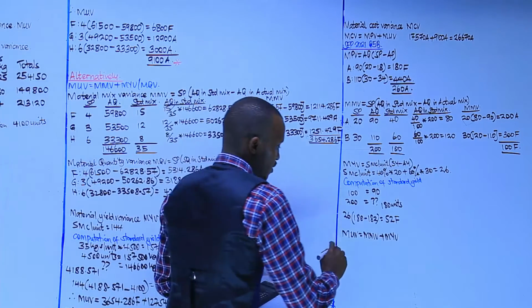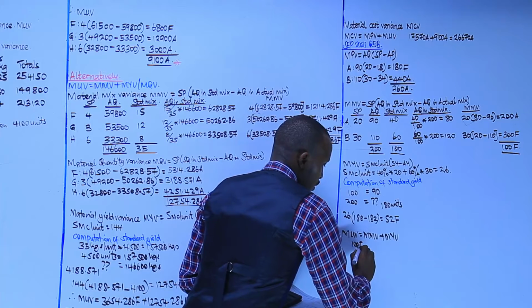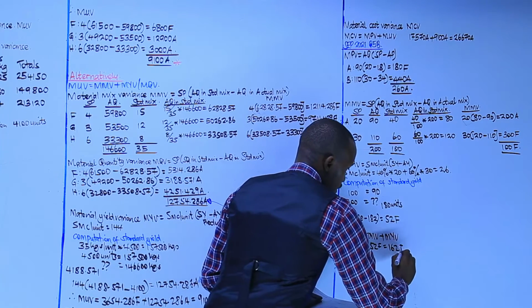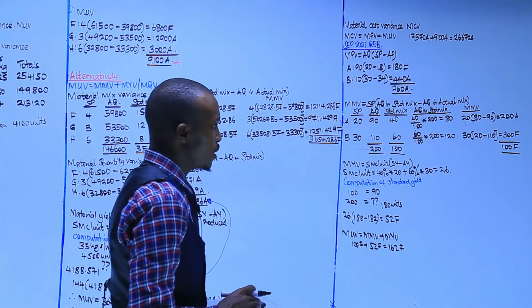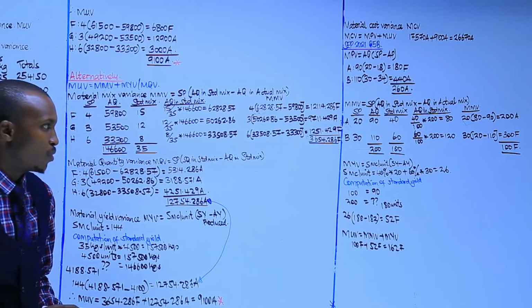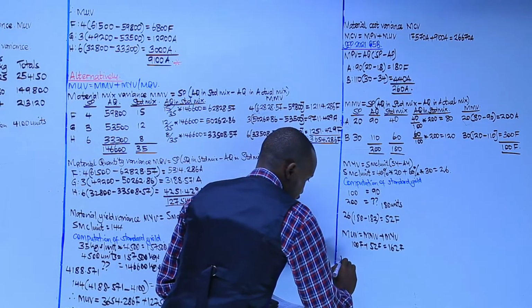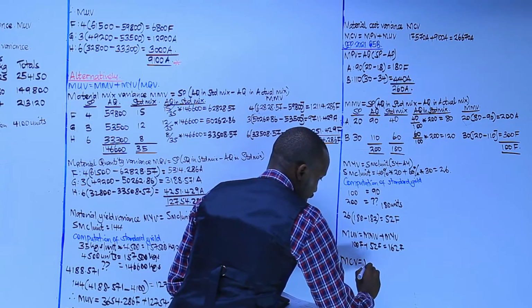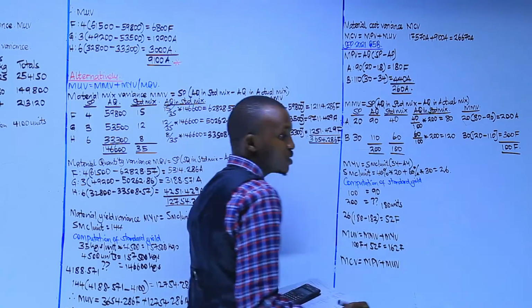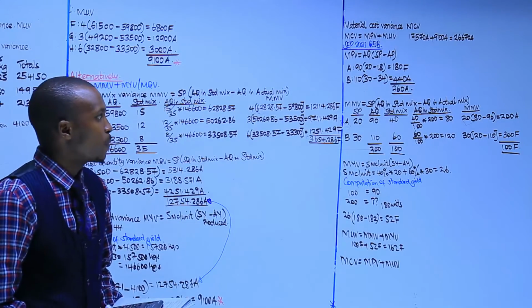Your mix variance is 100 favorable. Your yield variance is 52 favorable. So that is 162 favorable.